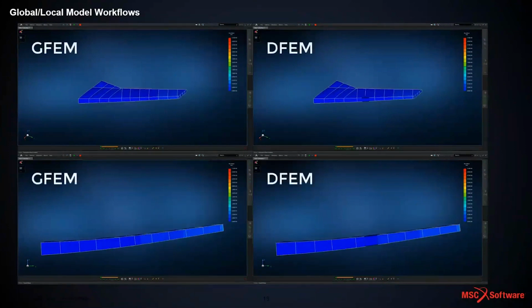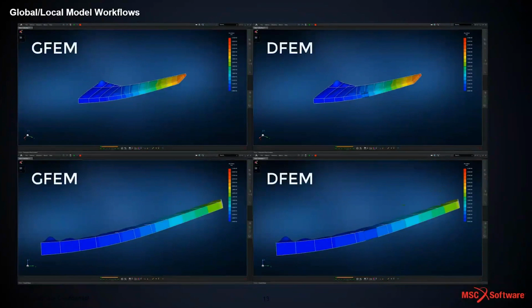We can then run those models and show pretty easily that the GFEM and the DFEM response is largely similar, certainly in terms of wingtip displacement. Then we would post-process the detailed region in particular and maybe pull out fastener loads or interface loads between various different components to do our downstream structural integrity checks.